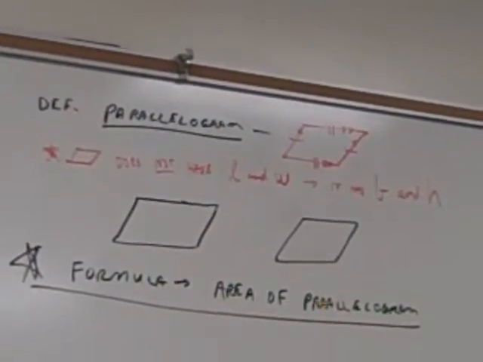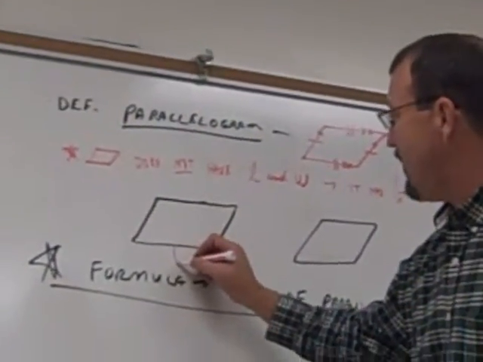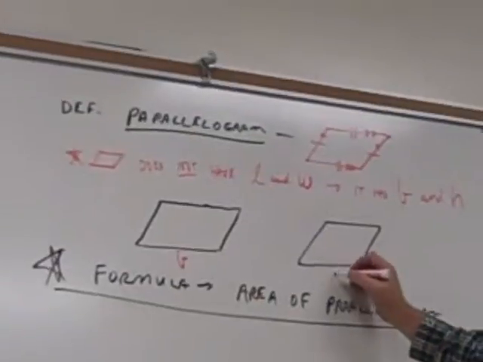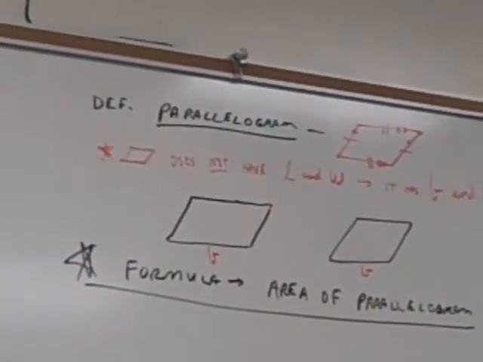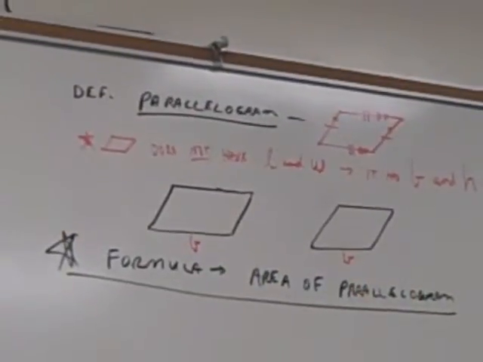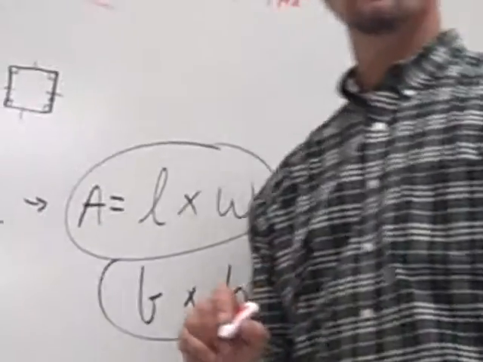So when you have a parallelogram, the bottom can still be the base. But what changes is, over here, this was our L and this was our W, wasn't it?